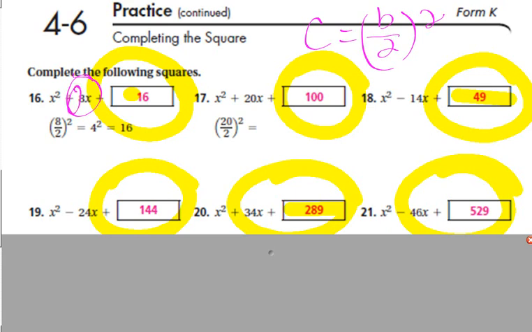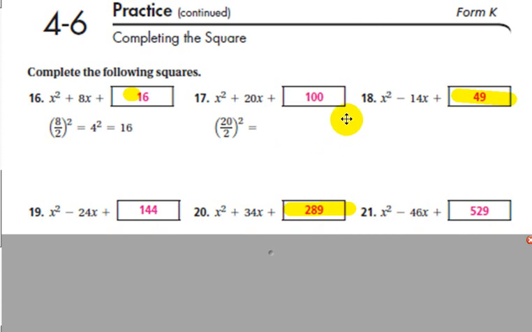So 8 divided by 2 squared. So it's going to be 4 squared, which is 16. So that's how you complete the square. So you're going to write 16 here, and because you have that, you could actually rewrite your trinomial as a perfect square of x plus 4 squared. And that's where we're headed to today.